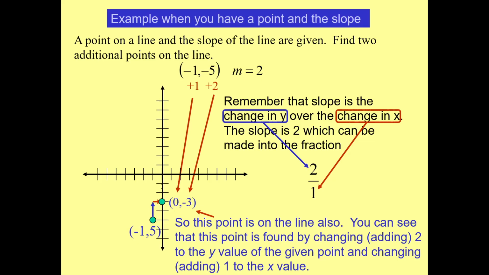See it here: -5 plus 2, -3. -1 plus 1 is 0. The ratio remains the same, and you can find the next point. You can repeat this with another point and get a third point. You can have 3 points and graph the line.